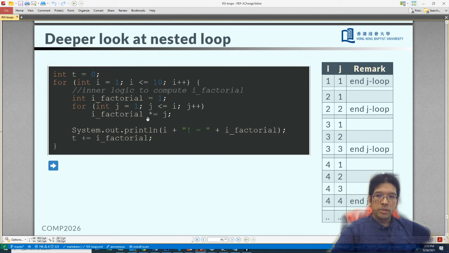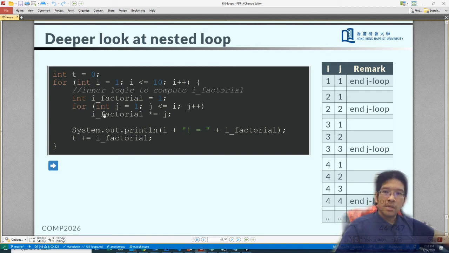So i factorial equals 1 times 1, that will be 1. Now remember, this asterisk equals means to multiply itself by the value of j. That means i factorial equals i factorial times j.